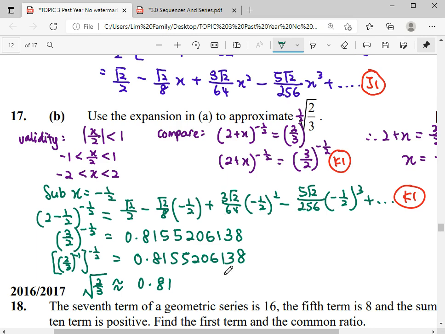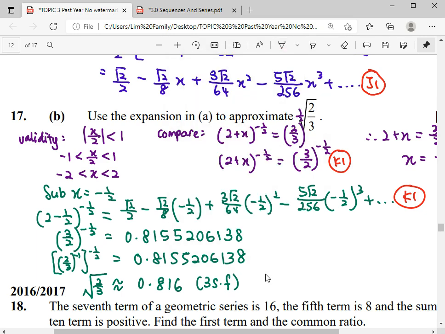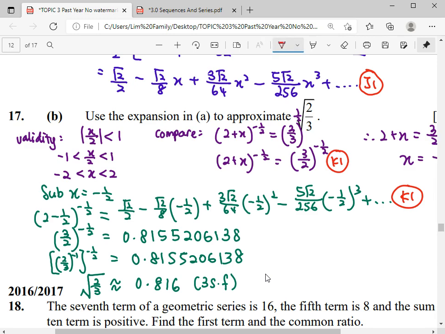So 5, 5 has to round up and become 6. Standard three significant figures. After we substitute, here will be our final answer.